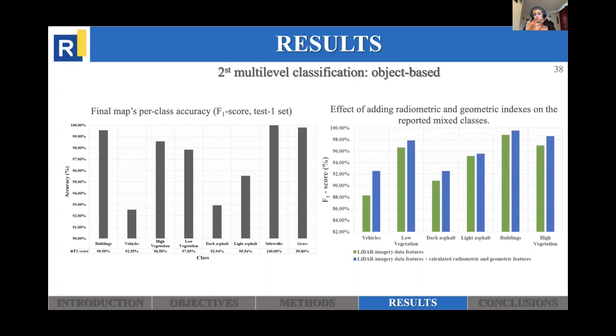All the per-class accuracies increased after adding the calculated geometric and radiometric features. However, this increase is highlighted mainly in the vehicle class, whose accuracy boomed from 88% to exceed 92%, highlighting the importance of including the calculated radiometric and geometric features in the classification.